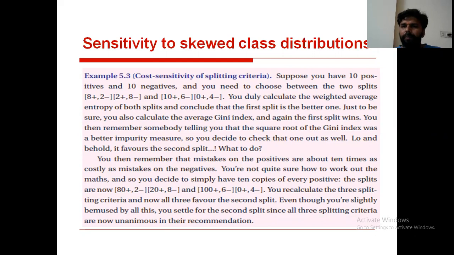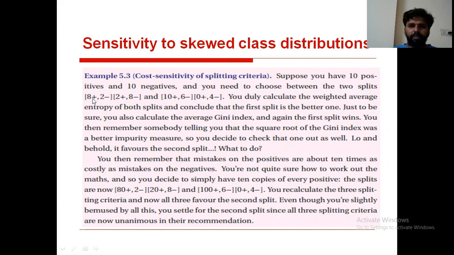Entropy, Gini index, squared Gini, we are using different impurity measures. Suppose, observe this, there are 10 positives and 10 negatives. Out of these, 2 splits are constructed.